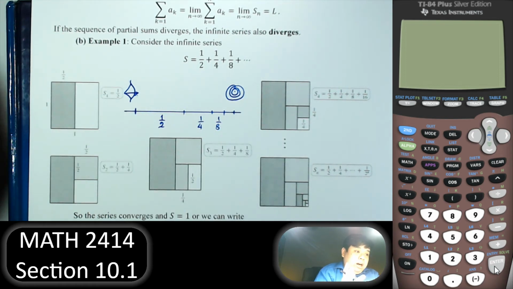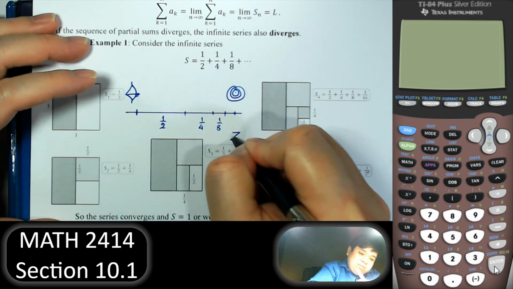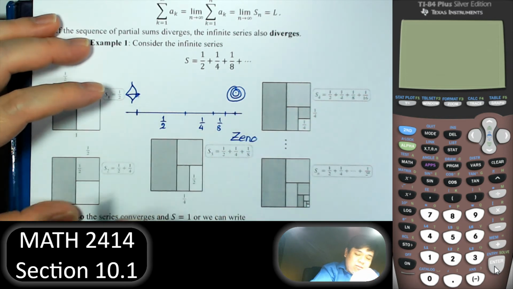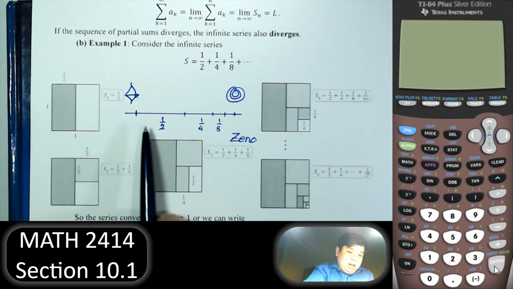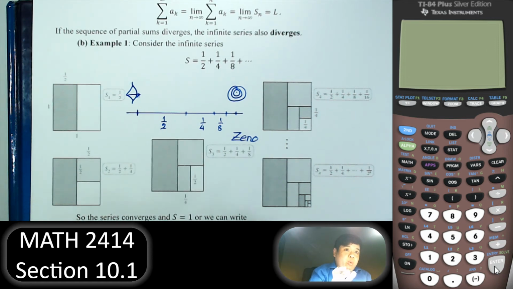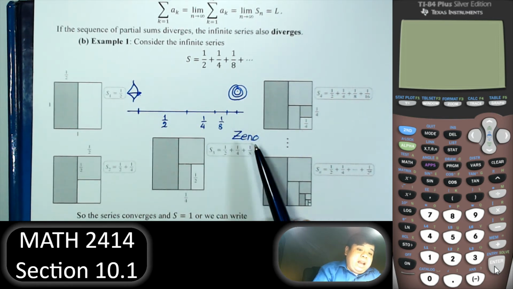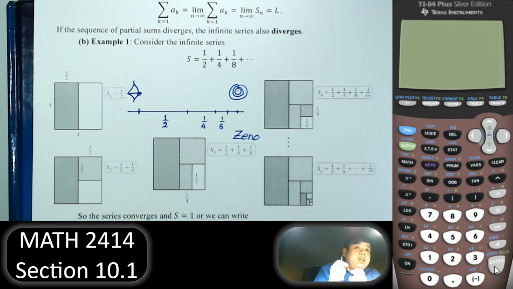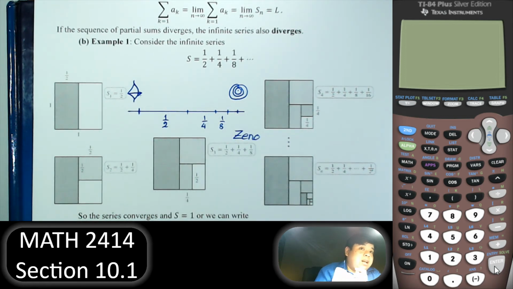By the way, this is part of what we call Zeno's paradox. Not exactly, since Zeno's paradox deals with different things, but the concept is kind of similar. If we just keep getting half and half, Zeno says, no matter how close the arrow is to the target, we can always cut that in half.